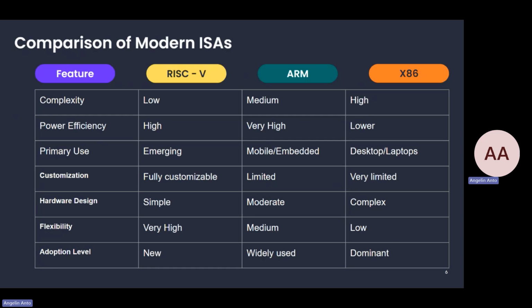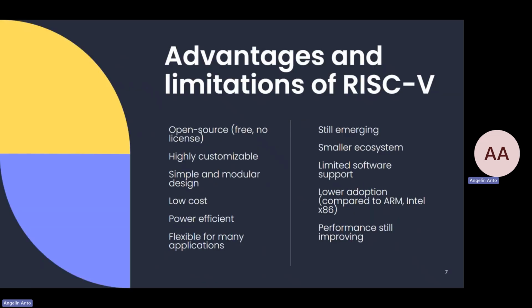So just remember that. And then when we look at the advantages and disadvantages of RISC-V, since it's open source, it's really customizable, right? So it allows rapid innovation and creation of custom processors. So if someone comes up with a new system, they would prefer to use RISC-V.